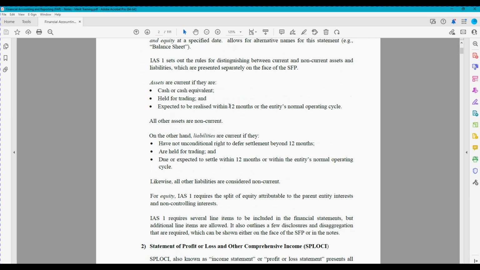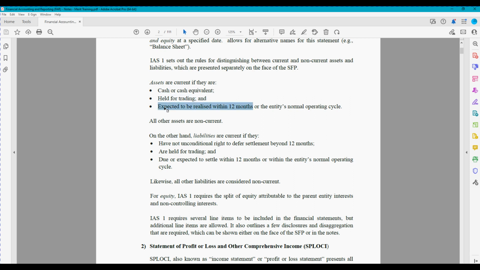Assets are current if they are cash or a cash equivalent, or held for trading. This could be like a stock or a bond that you're holding to actually trade rather than holding to maturity, or expected to be realized within 12 months or the entity's normal operating cycle.